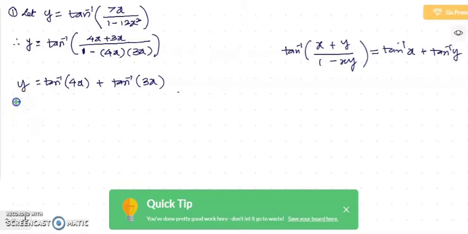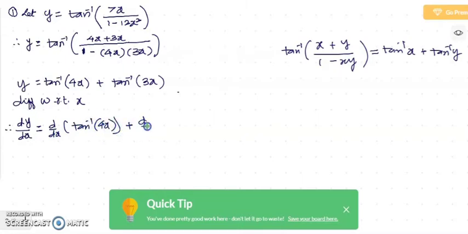Now we can differentiate this with respect to x, and you will get dy by dx is equal to d by dx of tan inverse 4x plus d by dx of tan inverse of 3x, and you can find these derivatives because you are now familiar with this kind of examples.